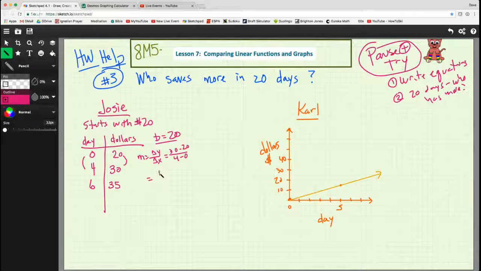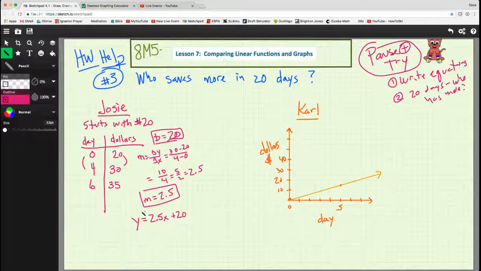That's 10 over 4 equals 5 over 2 equals 2.5. So here's our B, and that's our M. Hopefully these are getting a lot more straightforward for you now. So Y equals 2.5X plus 20.